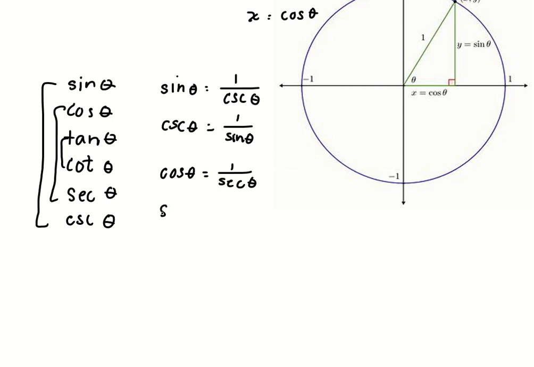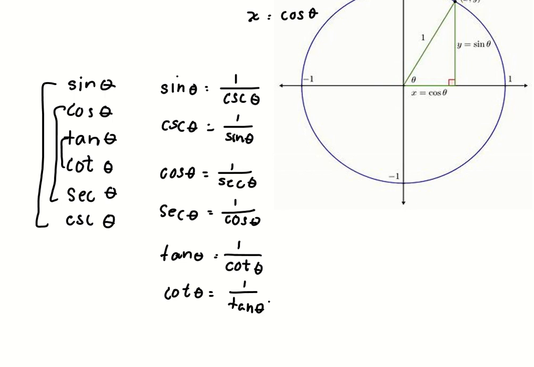That means secant theta is equal to 1 over cosine theta. Tangent theta is equal to, its reciprocal is cotangent, so it's 1 over cotangent theta, which means cotangent theta is equal to 1 over tangent theta.